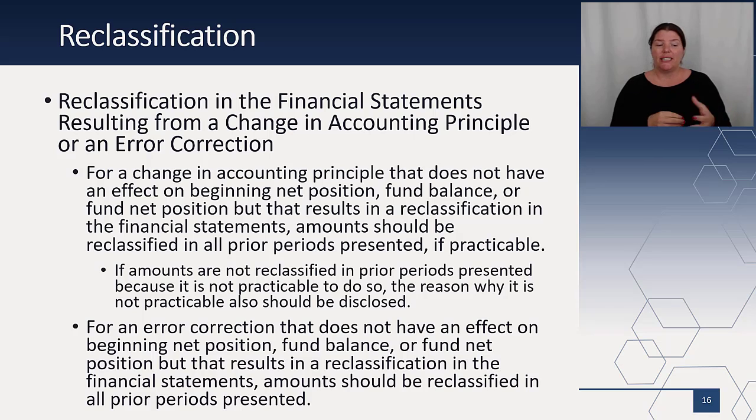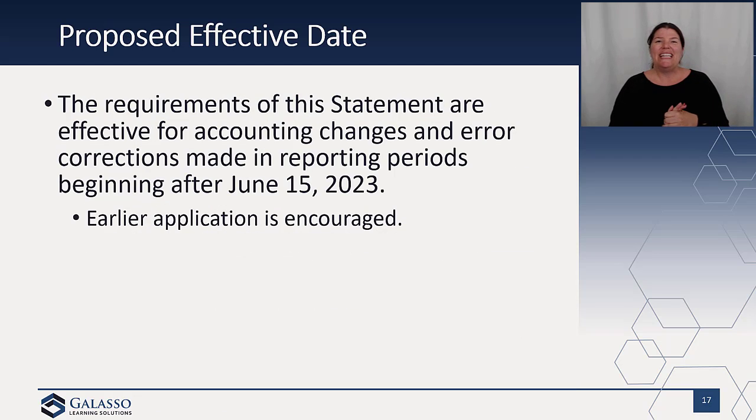If we do not have an effect on net position for a correction of error, but that results in reclassification, we should reclassify all periods presented. So when we move from operating to non-operating, or we're moving classification current, non-current, we want to make sure that that's reflected in all periods presented. So again, not necessarily completely different than today, but through a different focus, right?